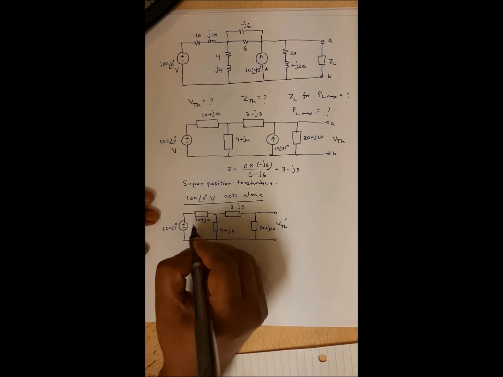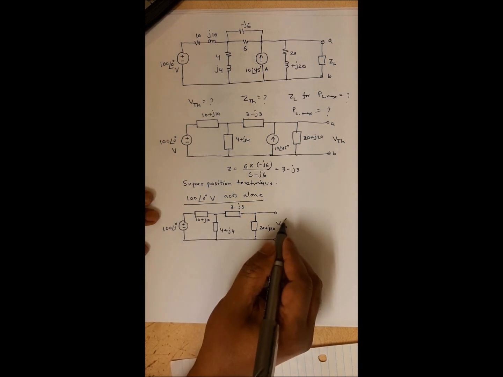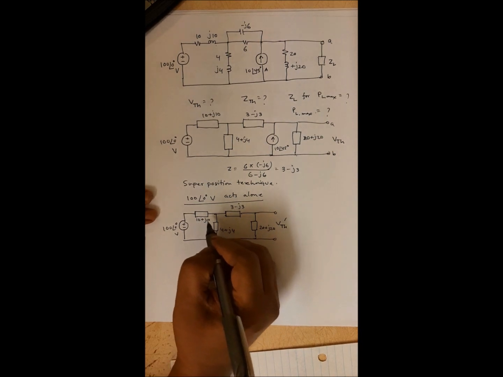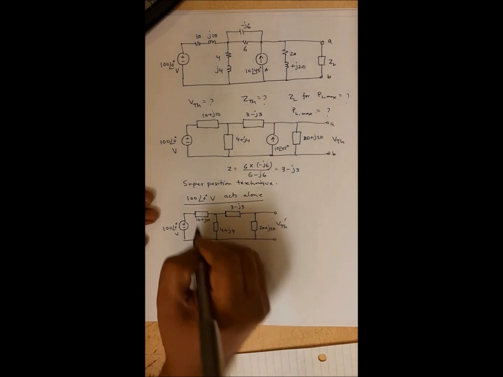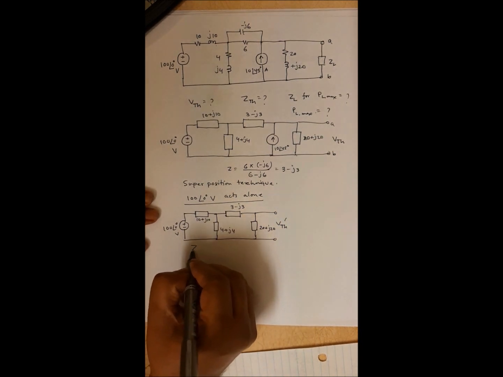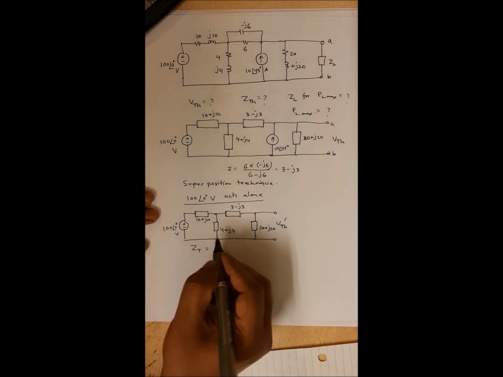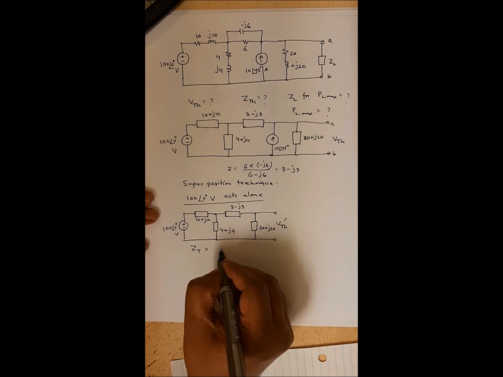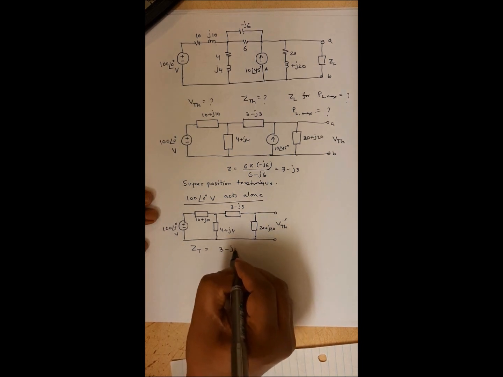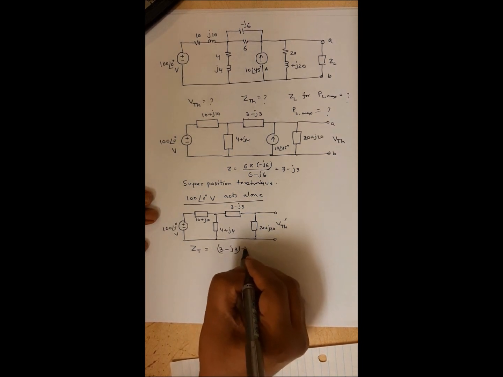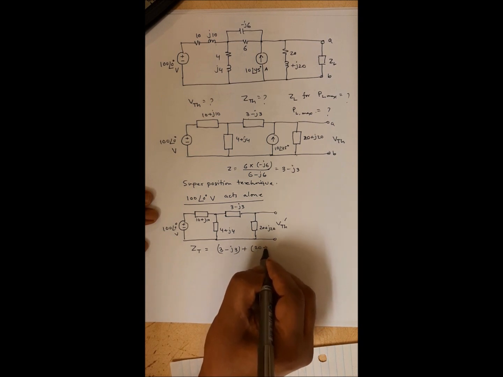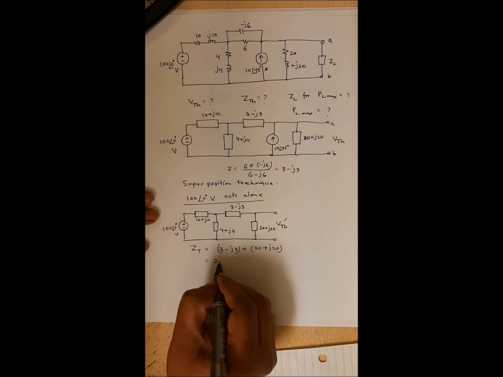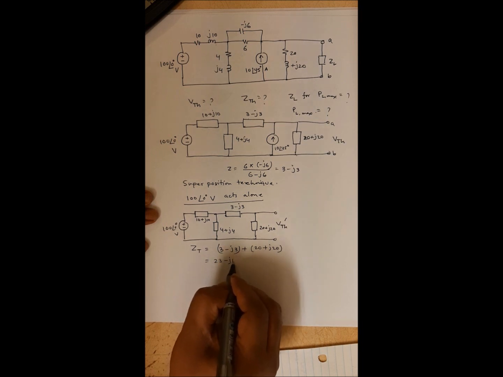Now if you want to find the voltage here, you might need to find the total impedance of this circuit. So let's find the total impedance. These two will be in series, so 3 minus J3 plus 20 plus J20 gives us 23 plus J17.